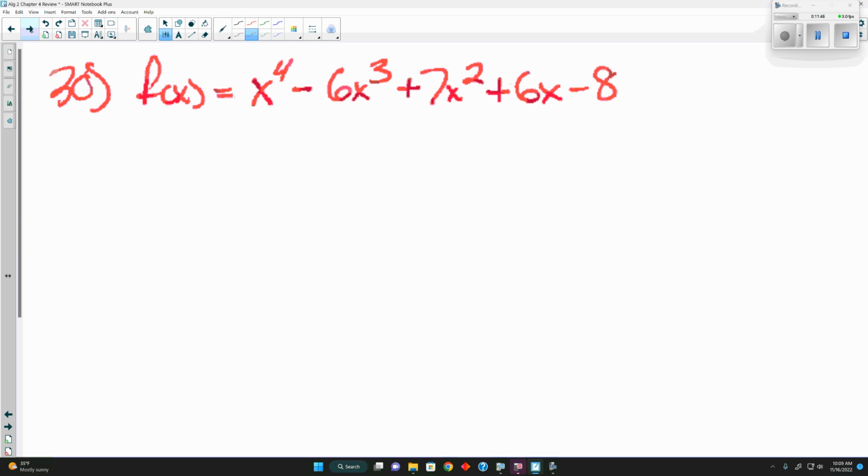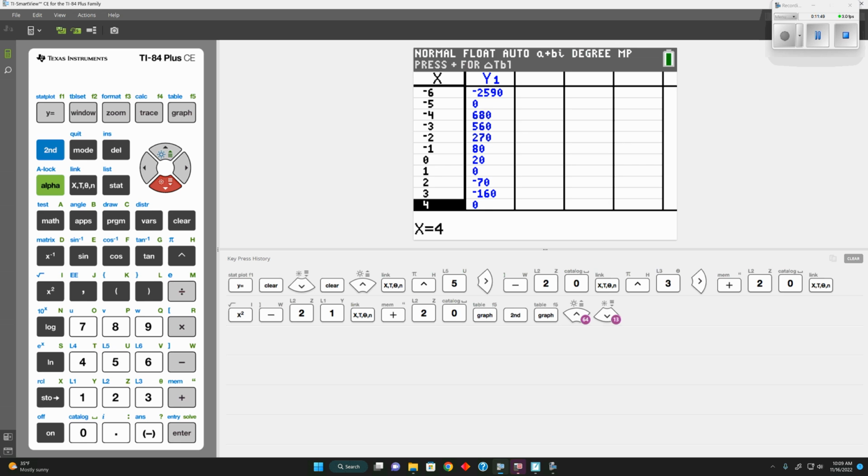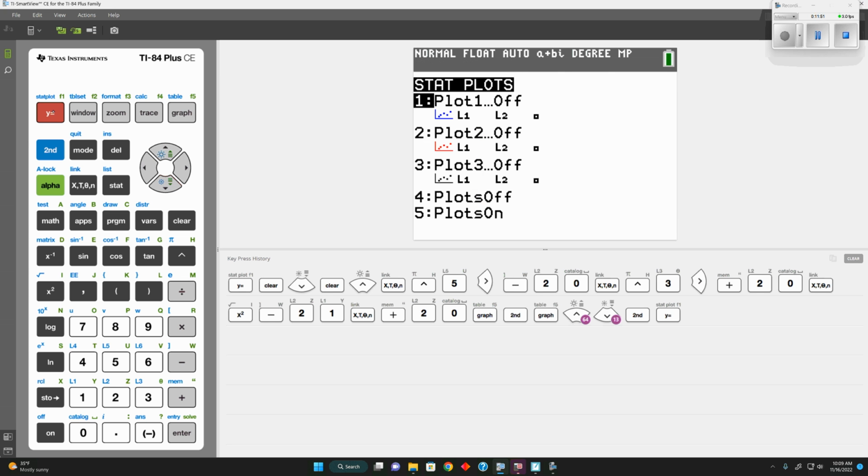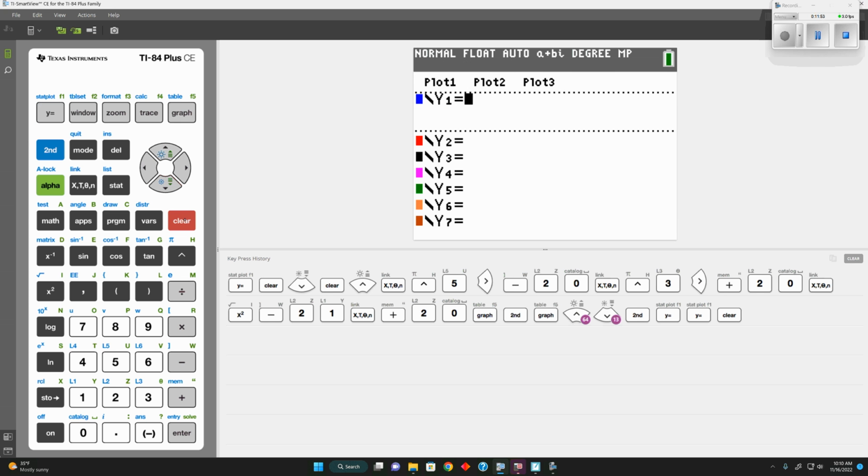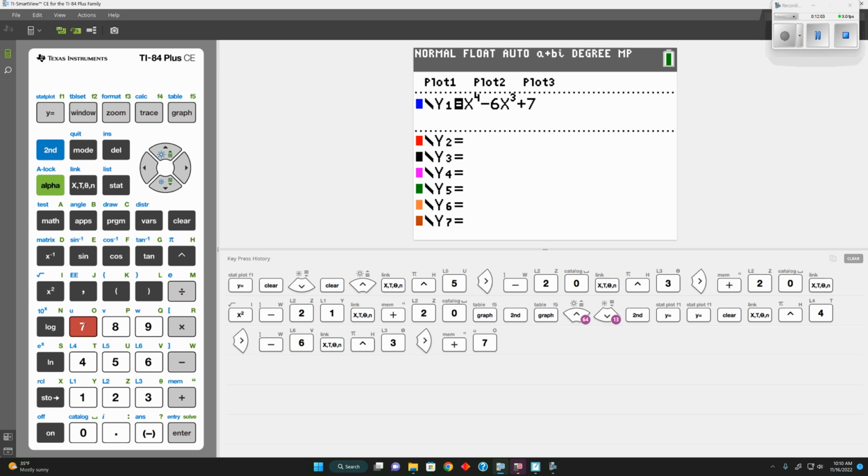So let's go on and graph this one. So I can say y equals x to the 4th minus 6x to the 3rd plus 7x squared plus 6x minus 8.